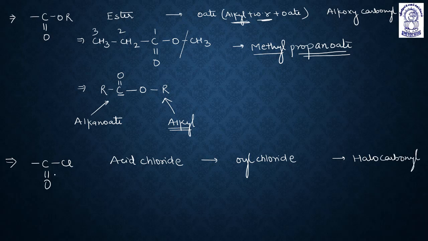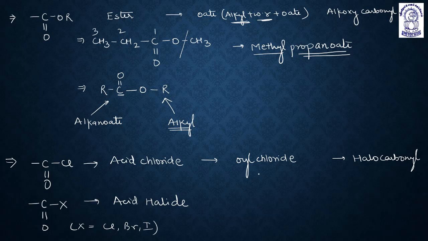Basically it can be written as C double bond O X. It can be acid halide in general, where X can be Cl, Br, I. The suffix is oyl chloride. For example, CH3 C double bond O Cl.